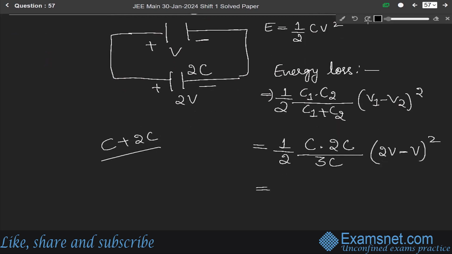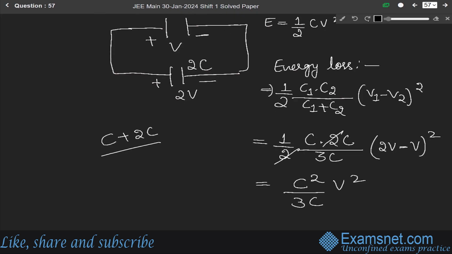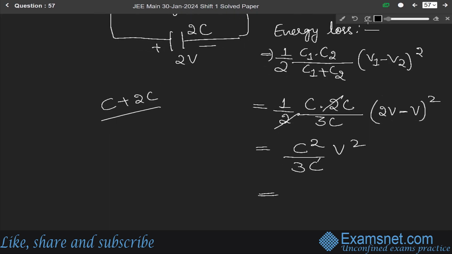So it will be equal to, 2 cancels out. It will be equal to 2C square over 3C, (2V minus V) square. Okay. So C cancels out, and it will be equal to 1 by 3 CV square.